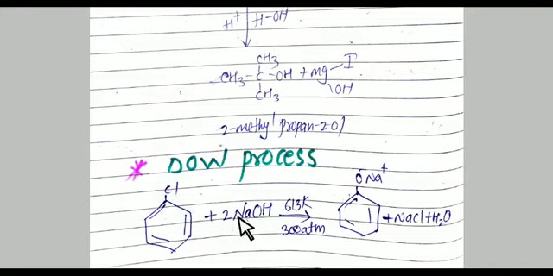See here, 2 sodium are there, 1 sodium attached on the ring, 1 sodium reacts with the Cl. 2 oxygen are there, 1 oxygen attached on the ring, and 1 oxygen and 2 hydrogen will be removed in the form of a water molecule.